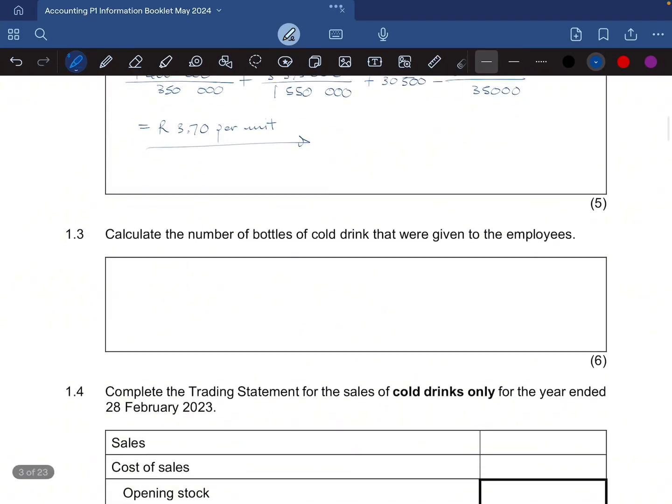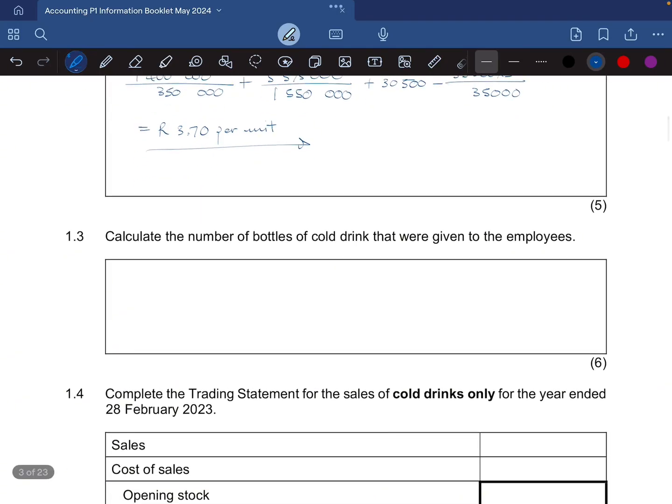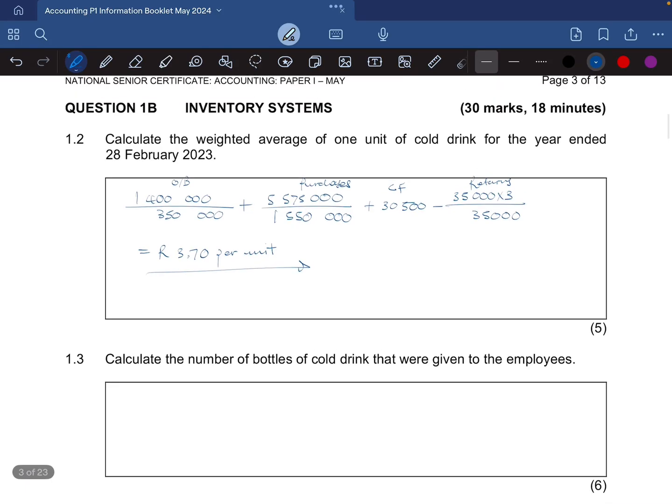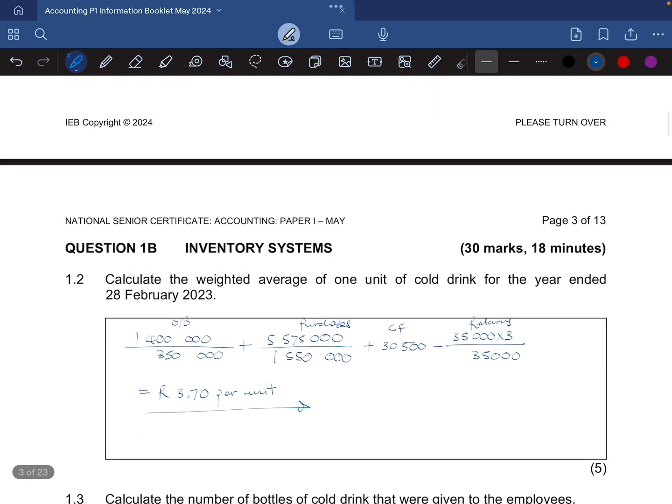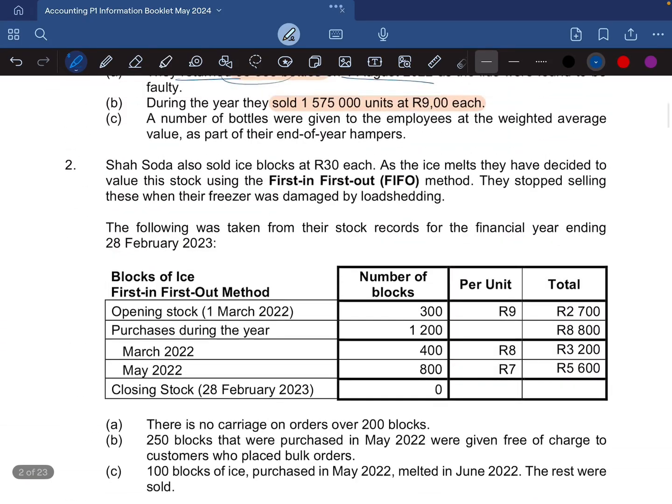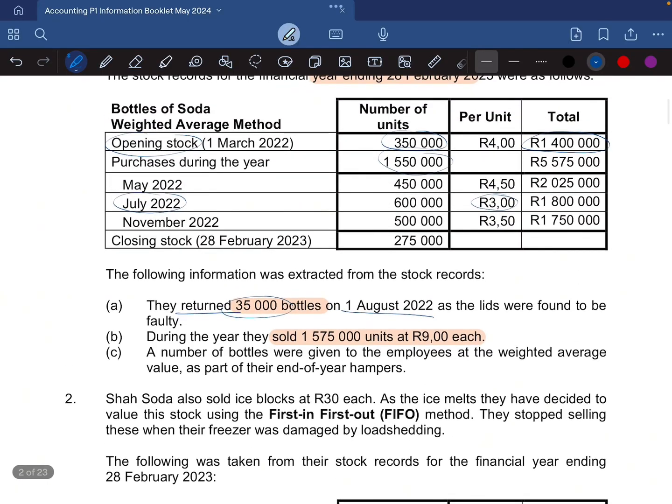Okay, so question 1.3, we are told to calculate the number of bottles of cold drink that were given to the employees. Okay, so that's for 6 marks. Right, so here we need to think about what was happening. What were the movements of stock during the year?